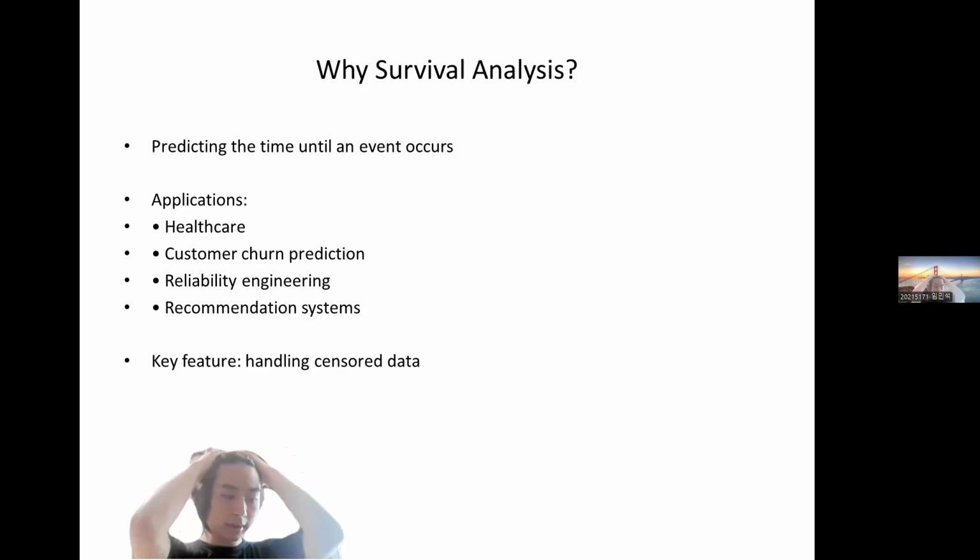This is called right censoring. Traditional regression or classification methods usually cannot handle this kind of incomplete information naturally. This is one major reason why survival analysis is useful.